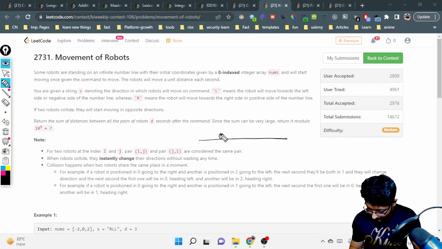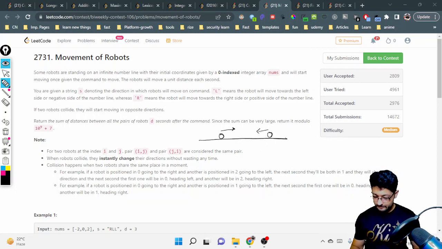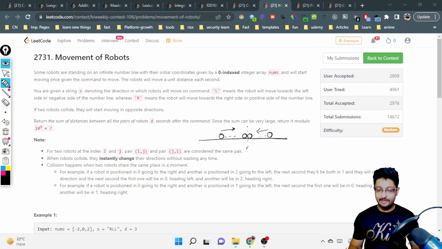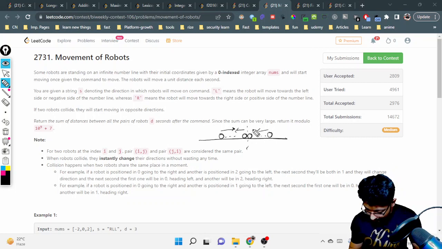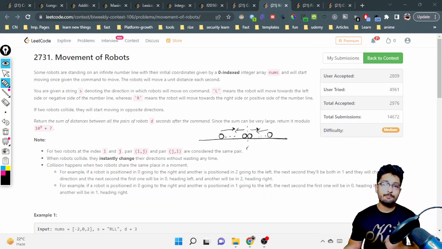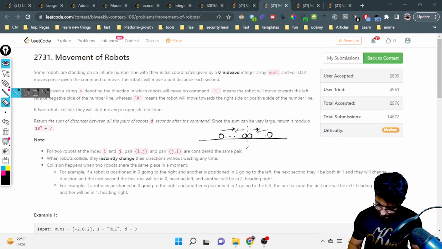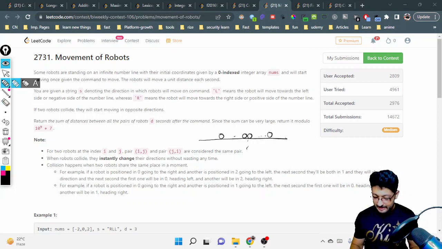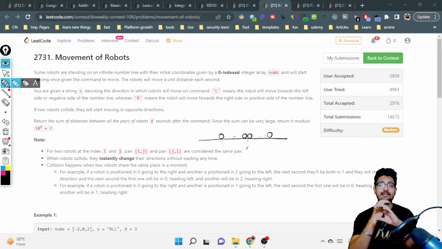Let's say you have a particular ball coming in the right direction and another coming in the left direction. They keep on coming, and then they hit at that particular center point. When they hit, they actually start moving in the opposite direction from where they're coming from. But on the contrary, because the balls are very similar, you can assume that these balls have passed each other like a ghost.